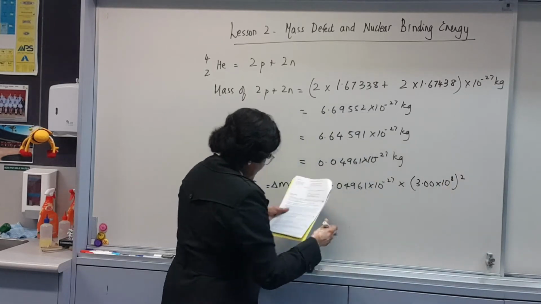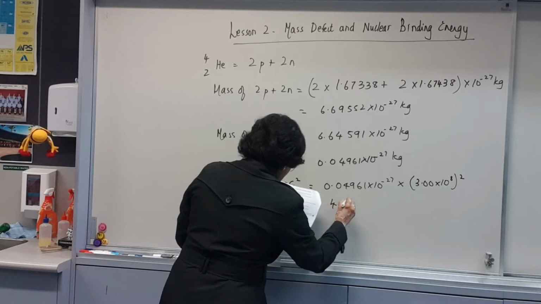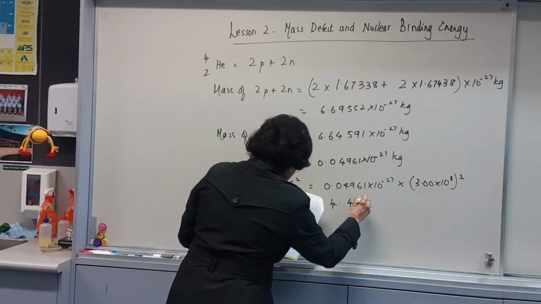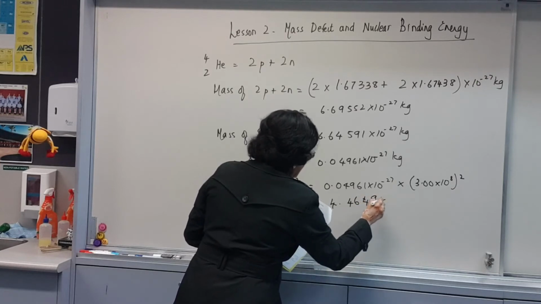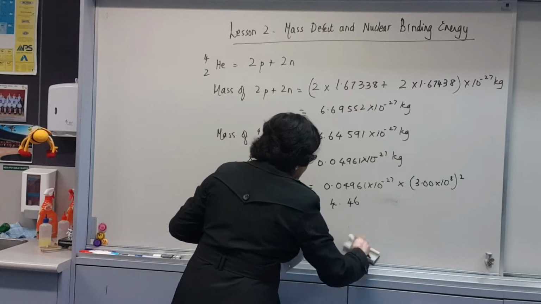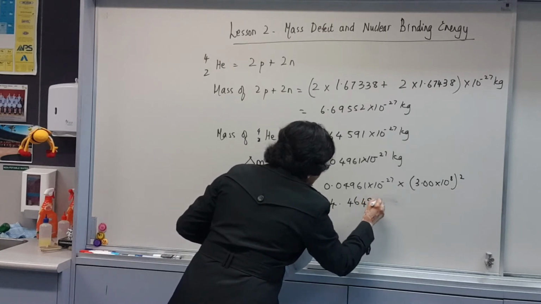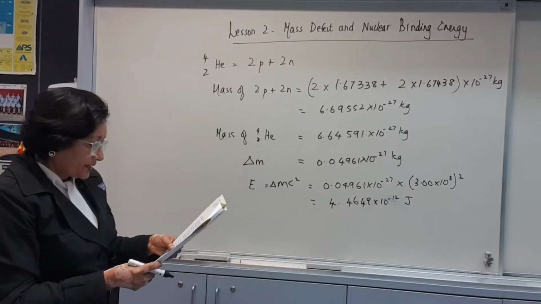And then when you do that, you come up with a really small number, which is 4.4649 times 10 to the power, let's write that properly, negative 12 joules. Okay?